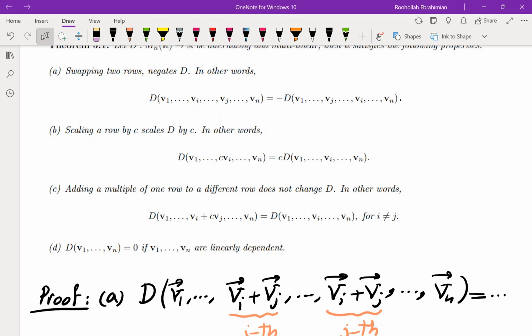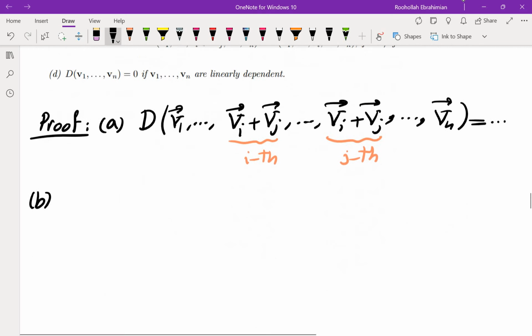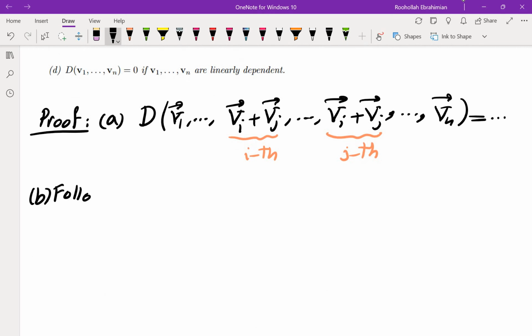Part B is scaling a row by C scales D by C. So this follows from multilinearity.